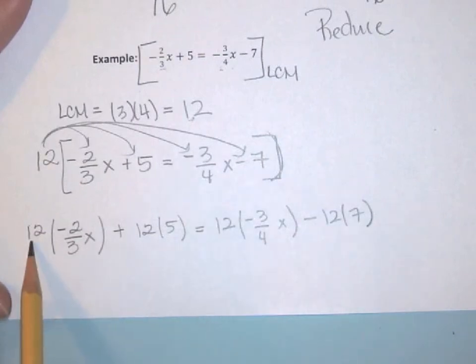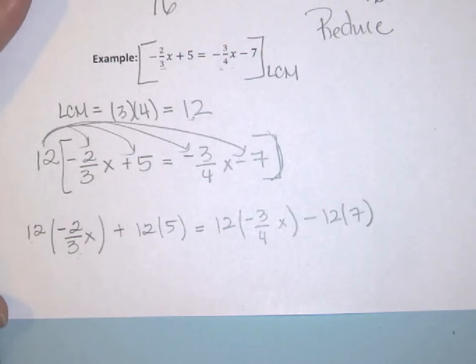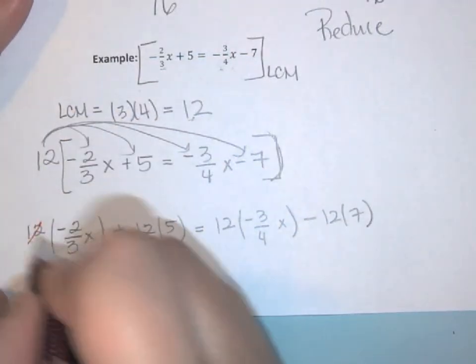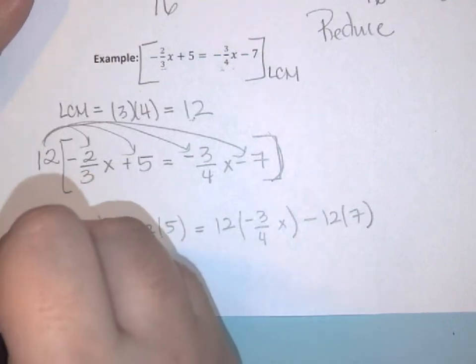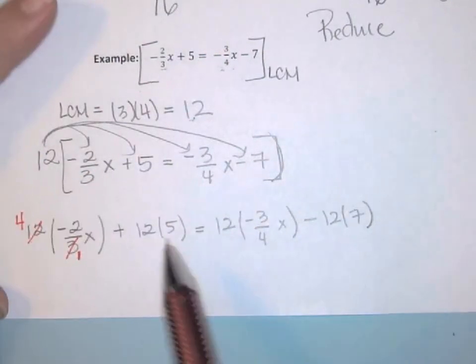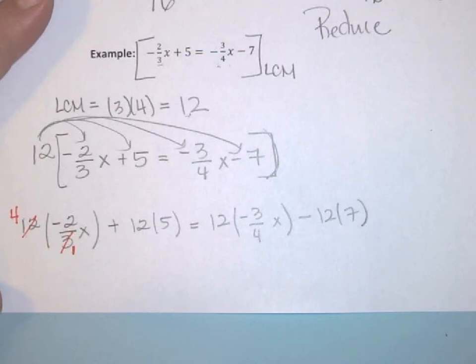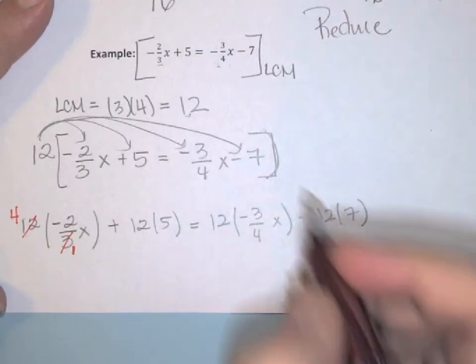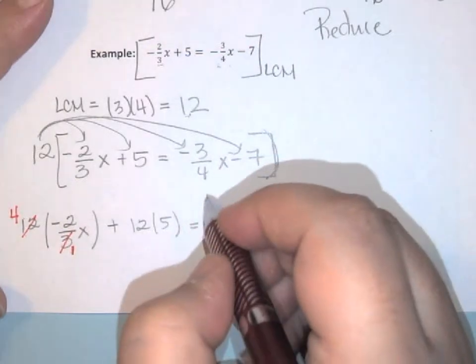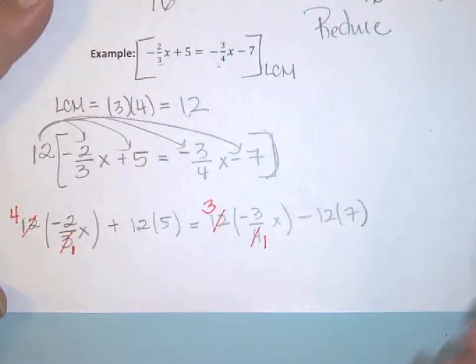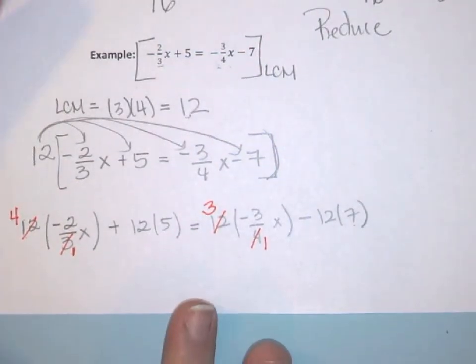So here, when I'm looking at 12 over 3, one of the things I notice is that these can cancel. So the 12 and 3 cancel, leaves a 1 on the bottom and changes this to a 4. And then 12 times 5 I can multiply as normal, but now I have 12 over 4, so again these cancel. Leaves this being a 1, and this becomes a 3, and then again I can multiply 12 and 7.